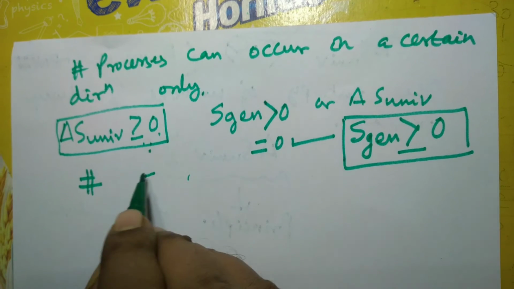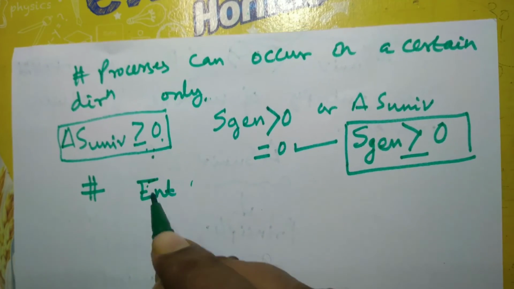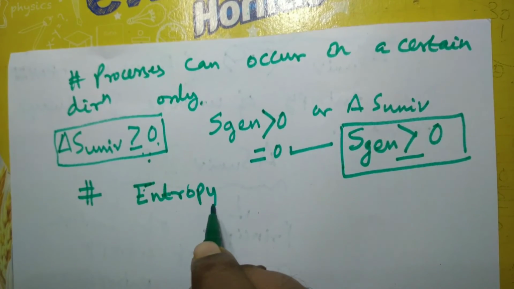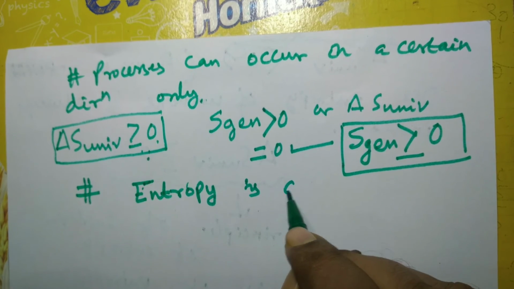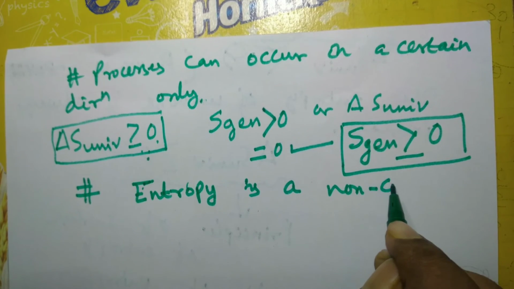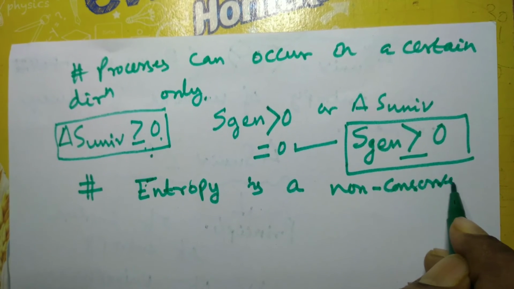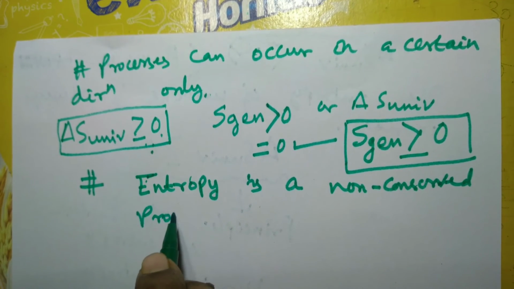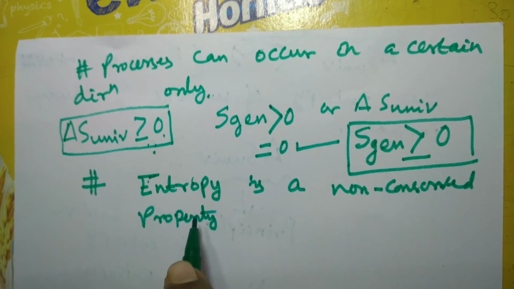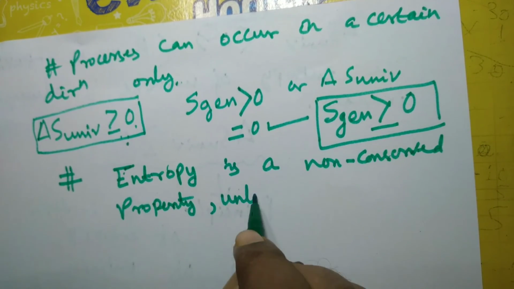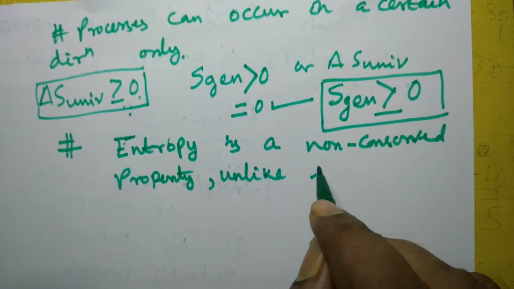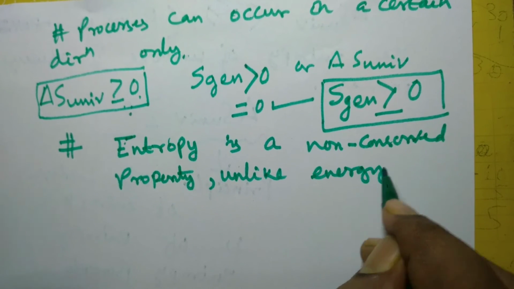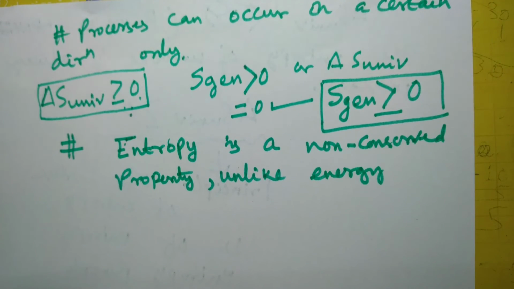So another important concept is that entropy is a non-conserved property, unlike energy. You know energy conservation. So there is no principle of entropy conservation. During a process, entropy can increase, of course it can't decrease.